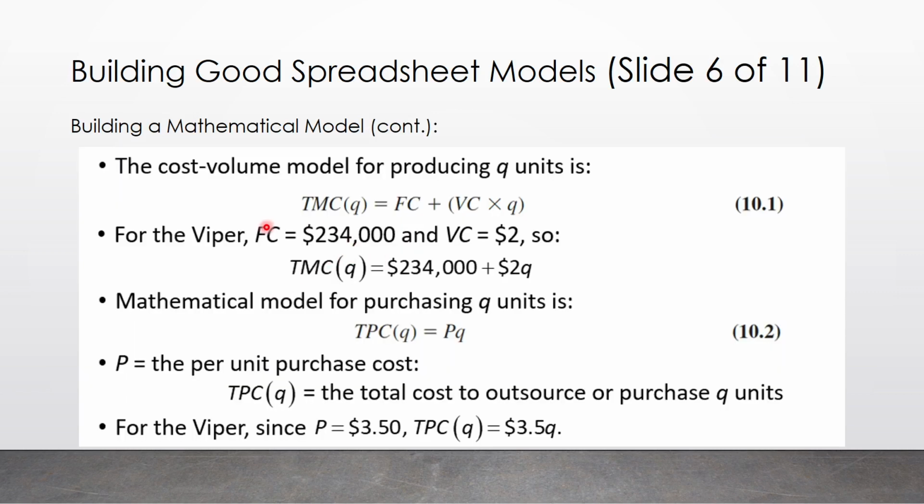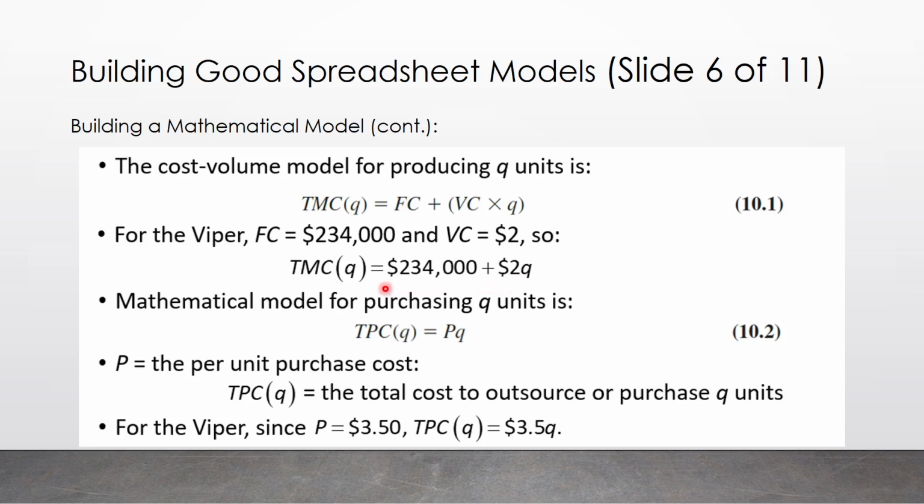Now, the cost volume model for producing Q units of the Viper can be written as TMC of Q is equal to FC plus the product of VC and Q. For the Viper, FC is equal to $234,000 and VC is $2. So TMC of Q is equal to 234,000 plus $2 times Q.